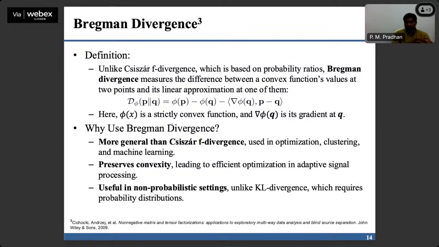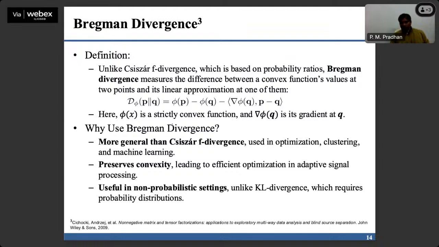So here also in this Bregman divergence, the gradient comes into the picture. We look at the gradient of the PDF, let's say the gradient of Q, and the gradient is obtained for a convex function of x. So we can see the gradient coming into the picture, similar to what you had in the error square scenario.